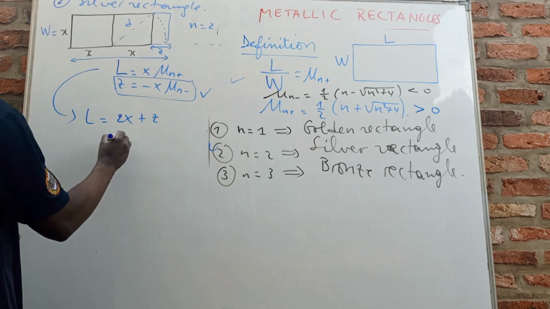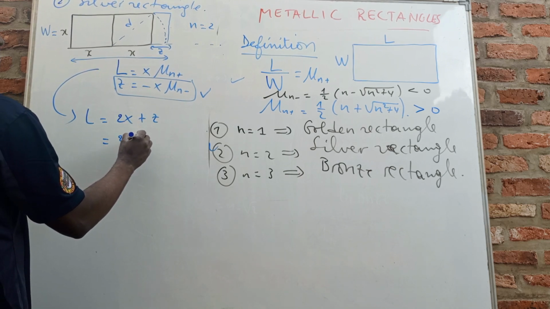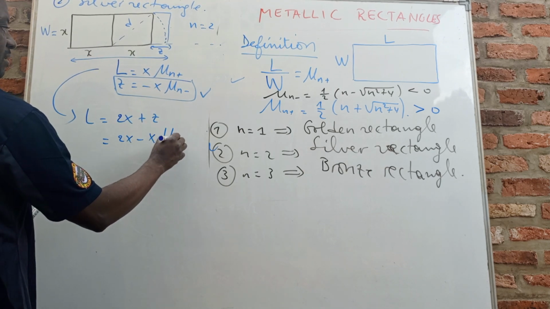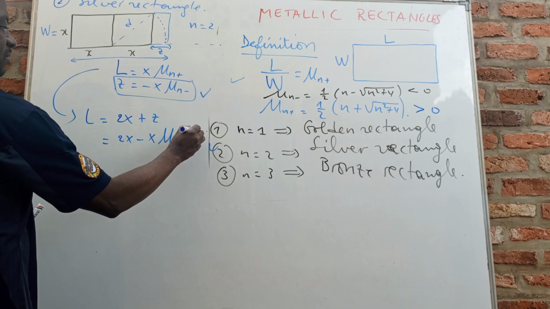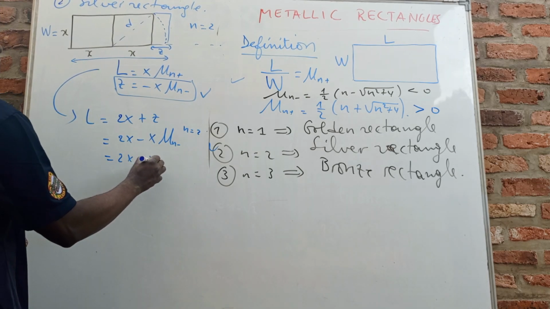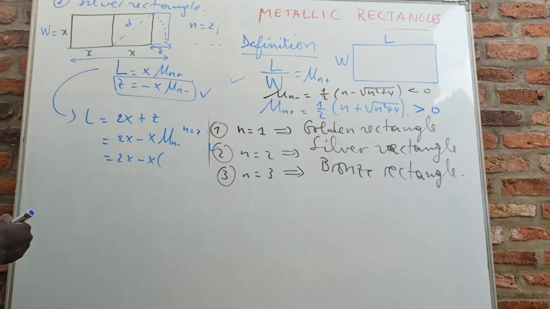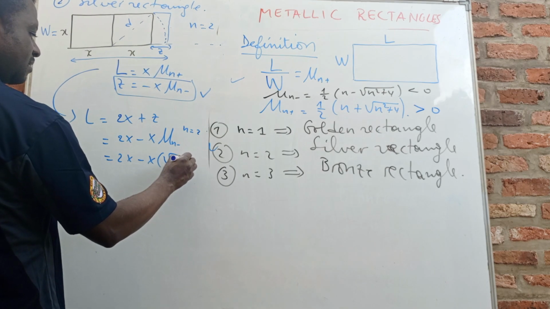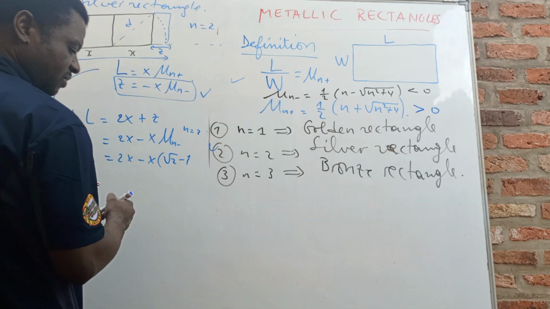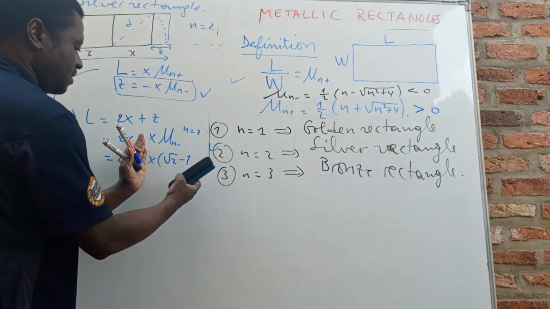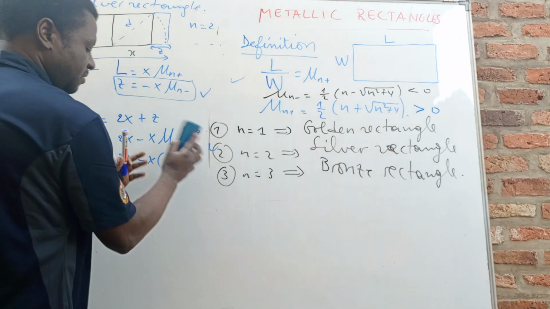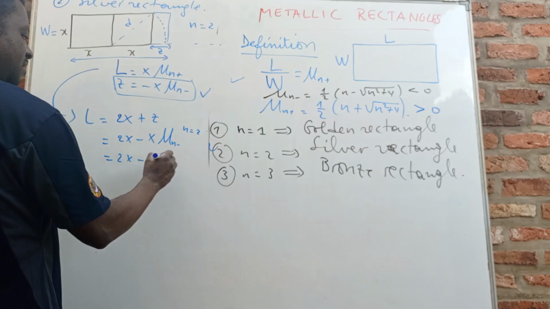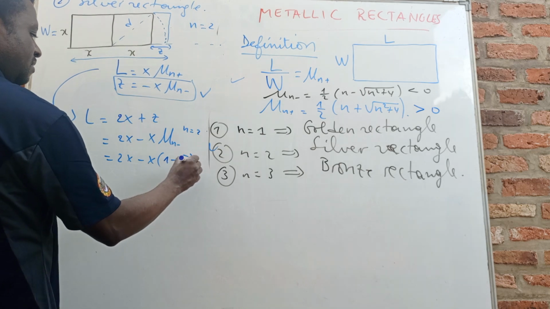So this is 2x minus x mu n, with mu n negative with n equal to 2. So this is 2x minus x times the conjugate, sorry, this is negative the conjugate. Now if I factor negative 1 out, I have mu n which is 1 minus square root 2.